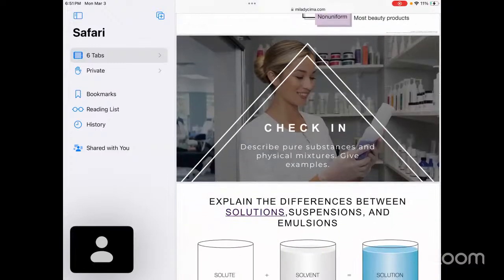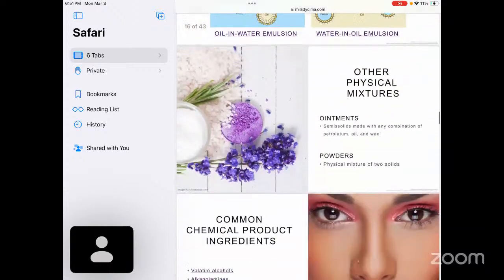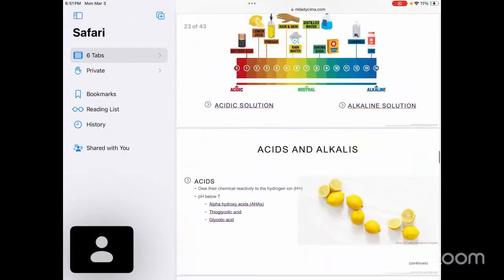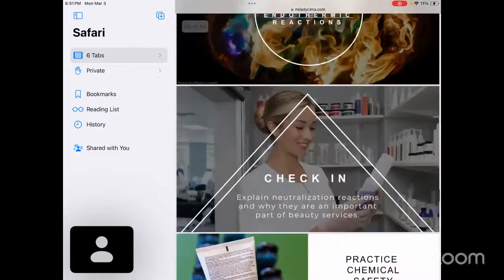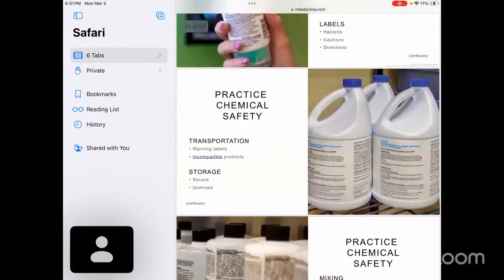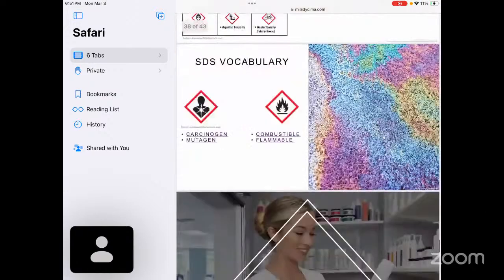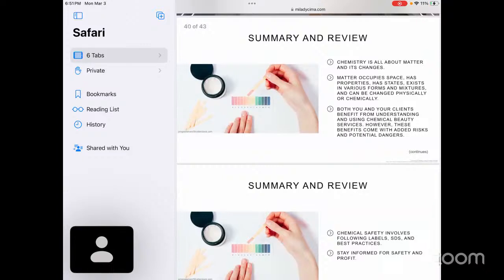Check-in number 1: Describe pure substances, physical mixtures, and give examples. You'll go into your ebook, go through the book, and find the answer. Then check-in questions number 2, 3, 4, 5, and 6. So those were 6 questions.